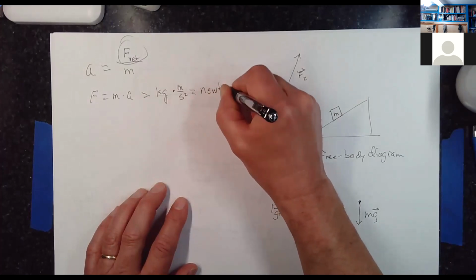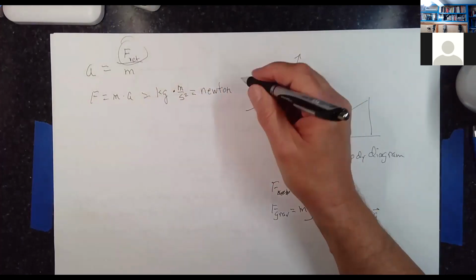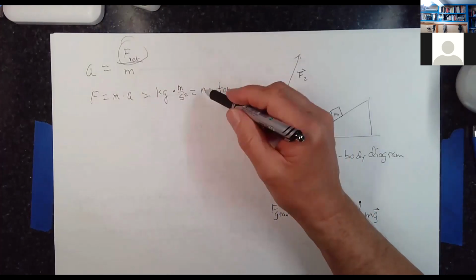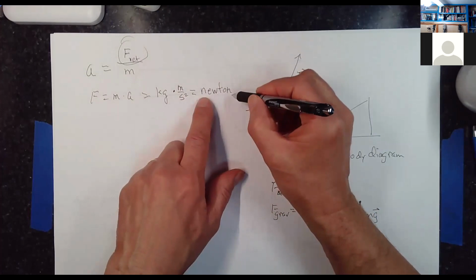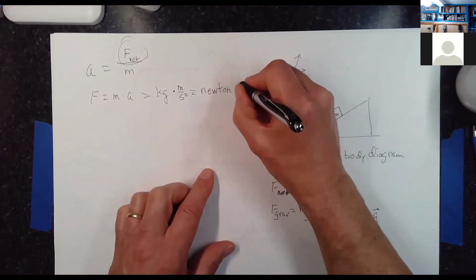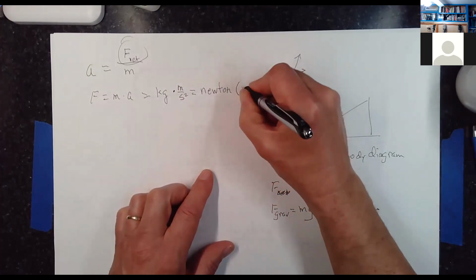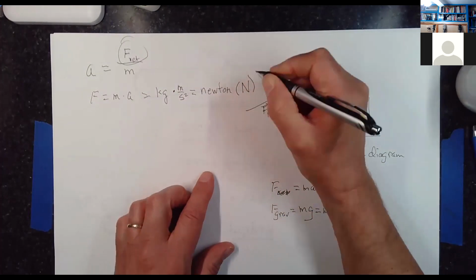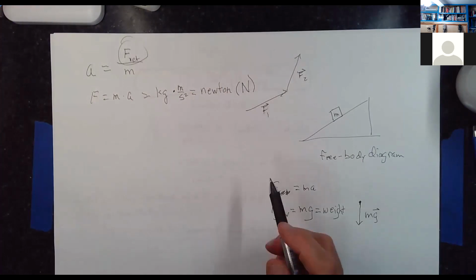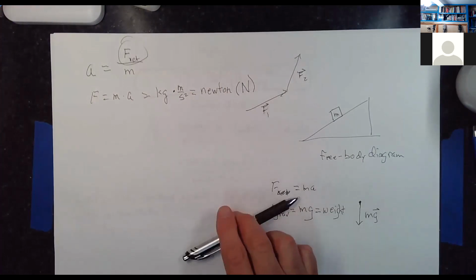And in the metric system, whenever a unit is named after a person, writing out the unit, it's lowercase, but the abbreviation for the unit will be uppercase. And so we will use a capital N to stand for a newton. And those will just be what we measure the force in.